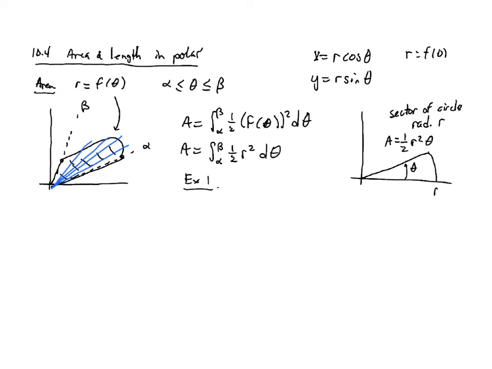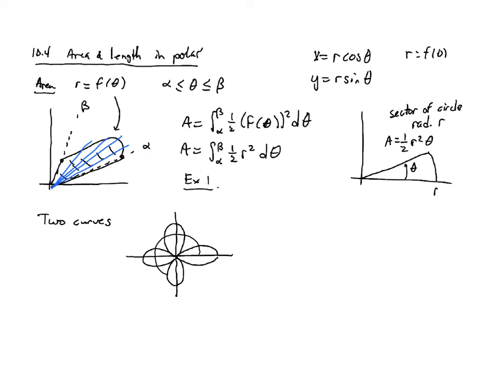Now, in more interesting area examples, just like in regular xy calculus, we had the area beneath the curve, and then we looked at area between curves. We can do the same thing here. So if you have two curves, let's say you have something like a rose, like what occurred in one of the examples in the book, and then maybe you have some circle.